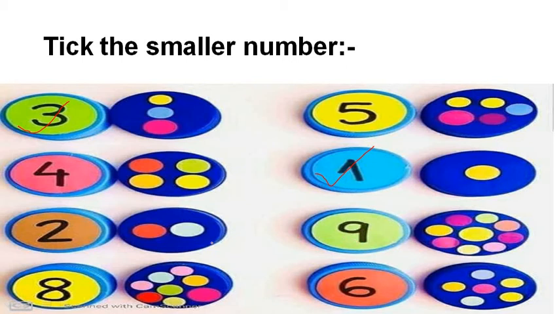Look at the numbers properly. 1 and 2. These are in the numbers of 9. 1, 2, 3, 4, 5, 6, 7, 8 and 9. Which are more and which are less? So this is more in numbers and this is less in numbers. So which is the smaller number? 2.